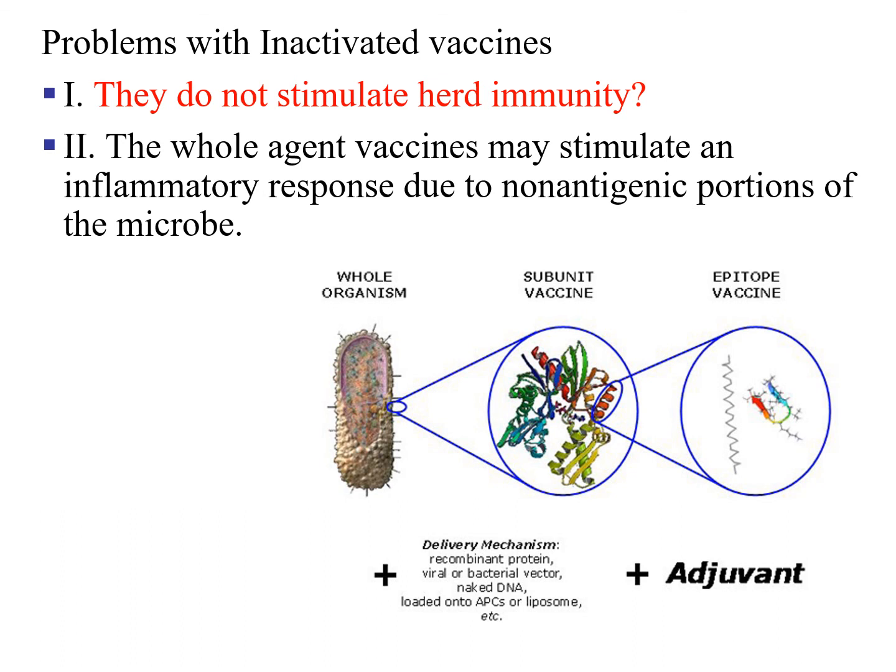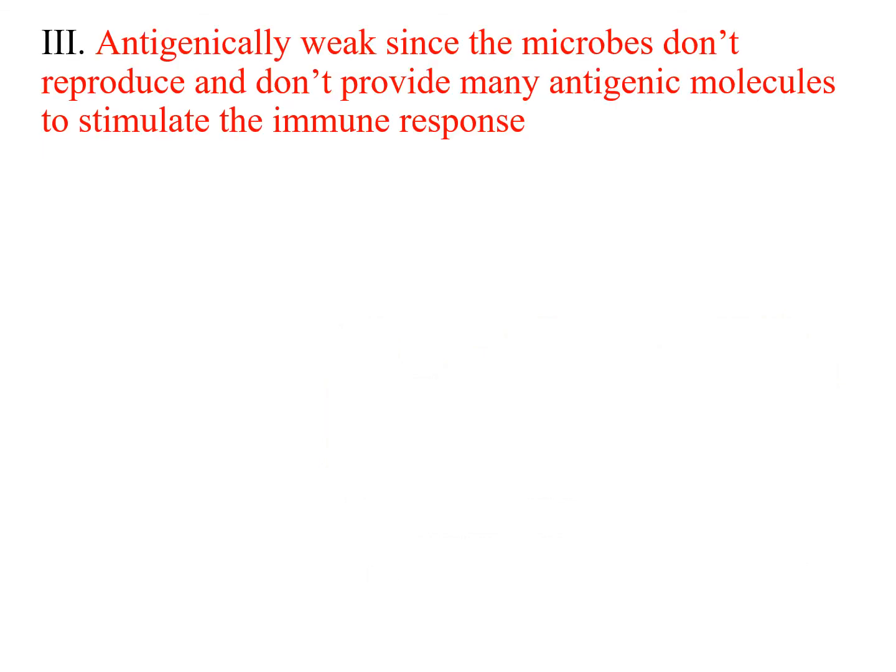The whole agent vaccine may stimulate an immune response due to non-antigen portions of the microbe. We already mentioned this. Since the microbe is dead, it is going to be weaker than some of the others because it is not able to replicate.